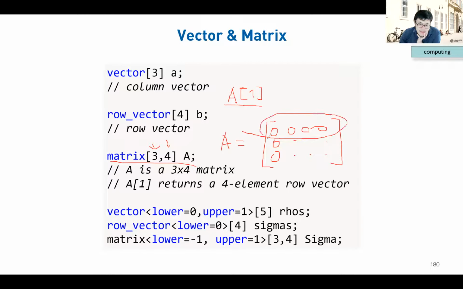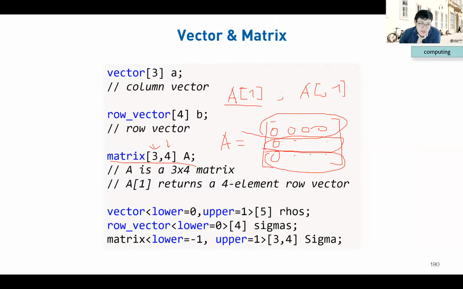This is A of 1. This is A of 2. This is A of 3, okay? And instead, maybe there are some new developments, but a few years back, there was no way you could say, I want the first column, and this is not there.